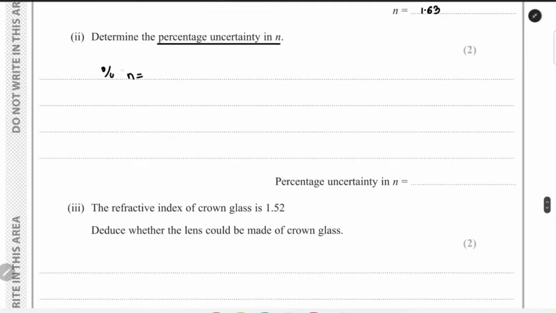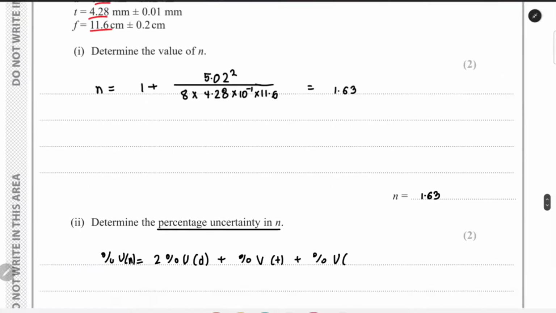So percentage uncertainty in n is 2 times percentage uncertainty in d plus percentage uncertainty in t plus percentage uncertainty in f.